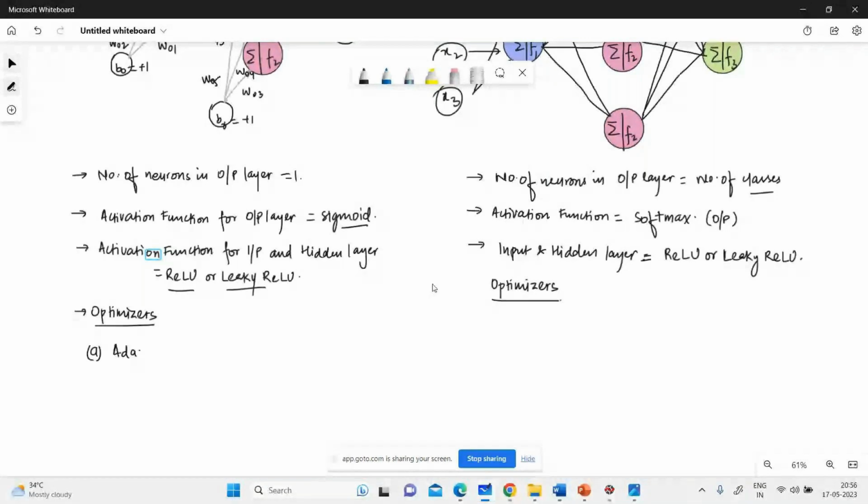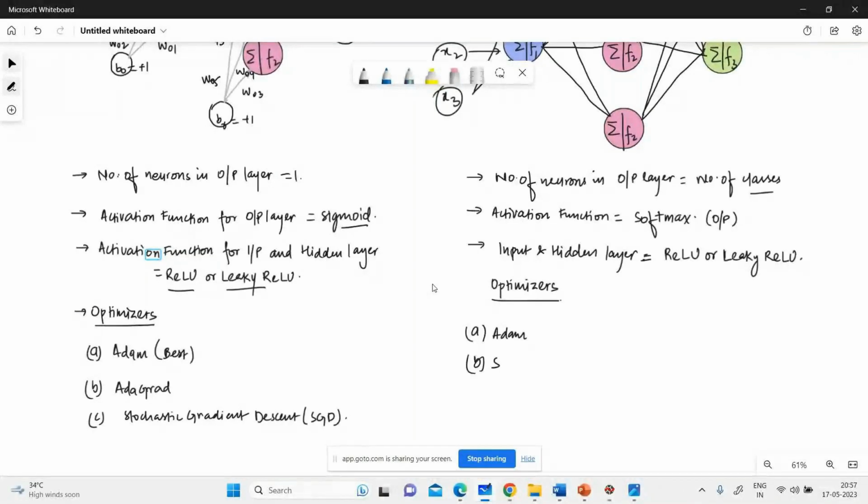This is the best. There are some others as well, like Adagrad, that is adjusted gradient descent, and stochastic gradient descent. Now, optimizers optimize what? Optimizers optimize the losses, that is, the error.